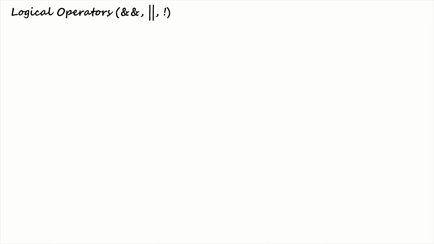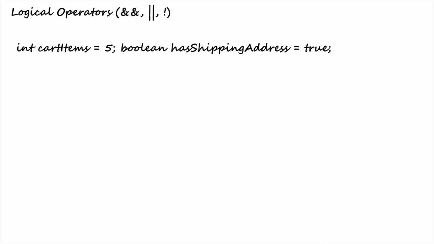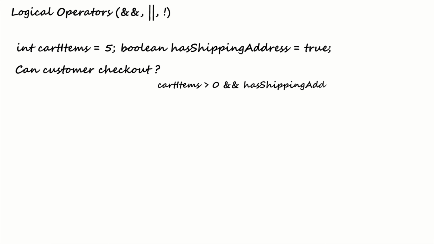For example, assume I have two variables, cart items and has shipping address. I want to write a condition like, can a customer check out? My condition is, if the cart has more than 0 items and the customer has a shipping address, then he can check out. So I'll write cart items greater than 0, use the double AND logical operator, and has shipping address.